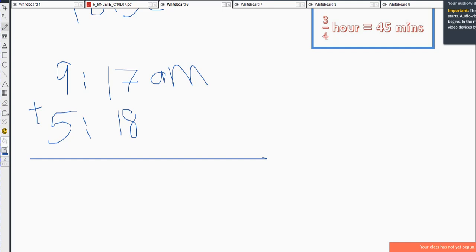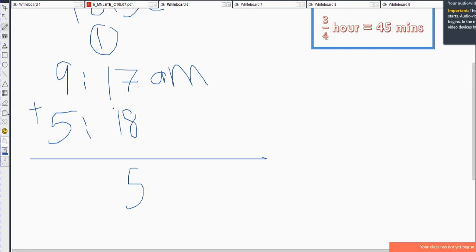So 17 plus 18: 7 plus 8 equals 15, 5 and carry 1. 1 plus 1 equals 2 and 1 is 3, and here 9 plus 5 equals 14.